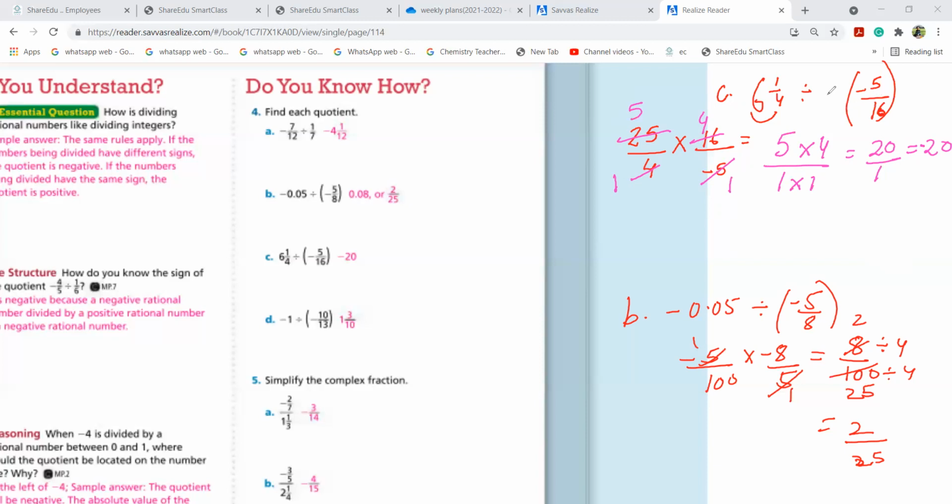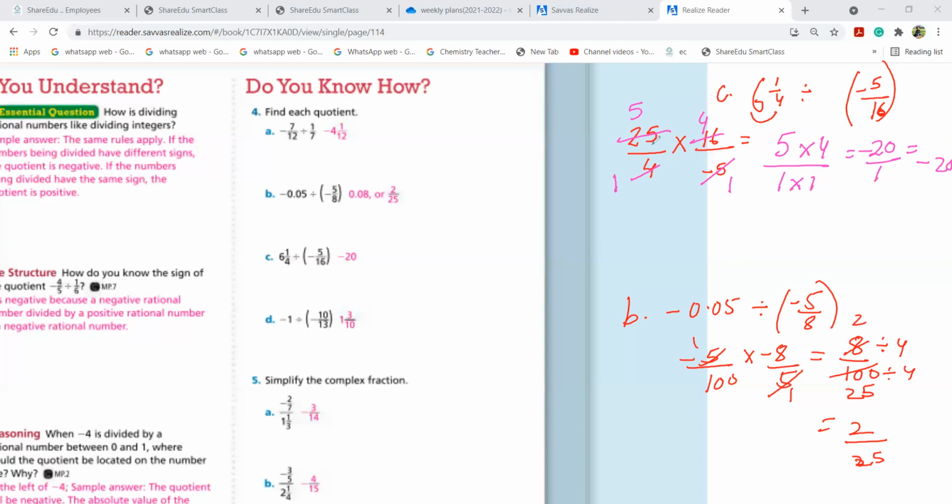Because you just have one negative sign, and the other is positive. So my answer is negative 20.